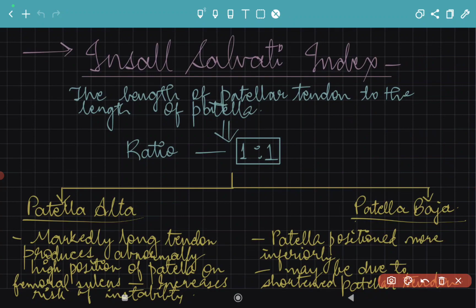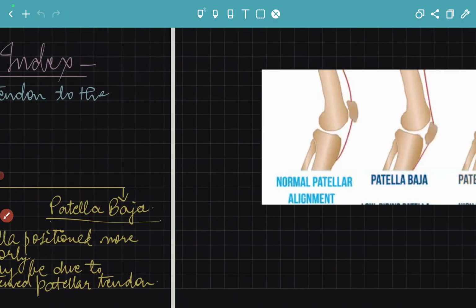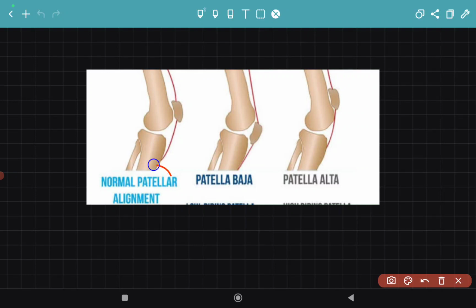So let's have a look now. Patella alta means a markedly long tendon. The patellar tendon, which we saw, is markedly long, which produces an abnormally high position of the patella on the femoral sulcus. So there is an increased risk of instability. Point to be noted: in this diagram, we can appreciate the normal patellar alignment over here.